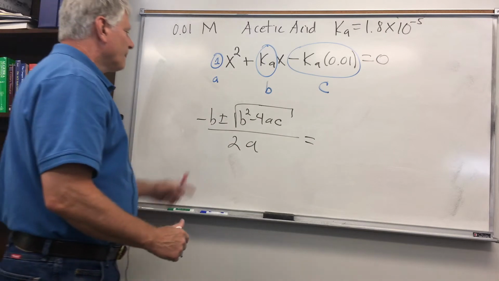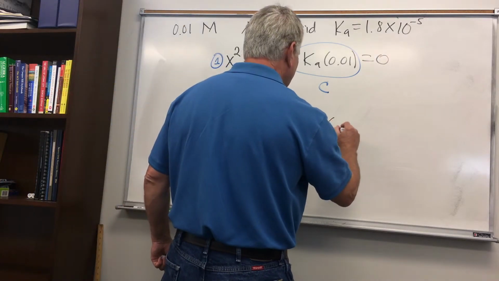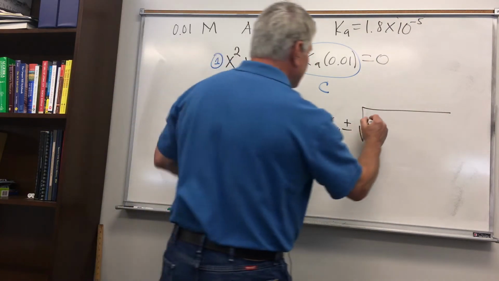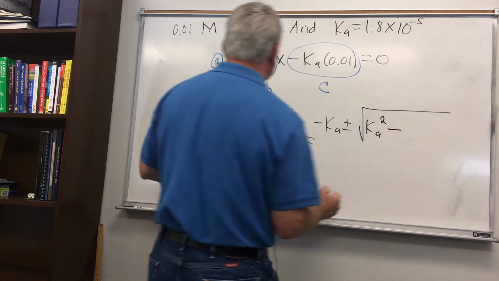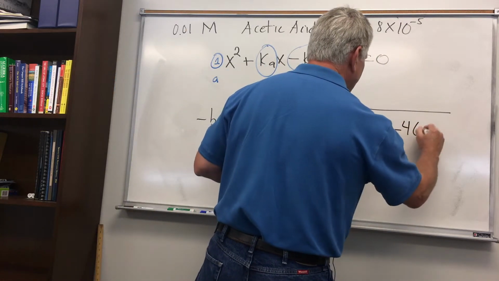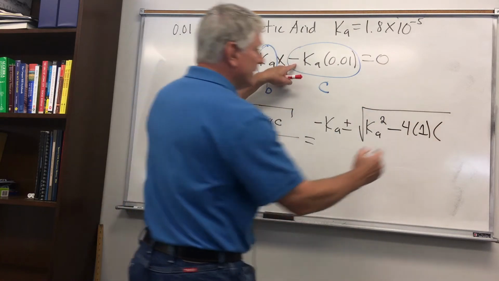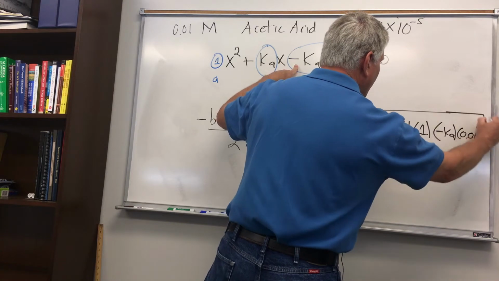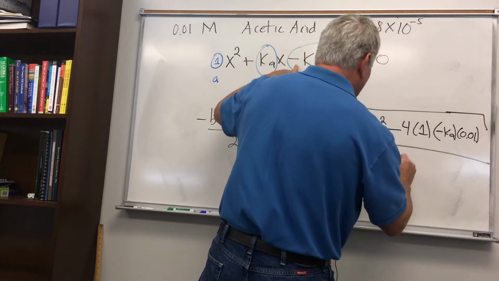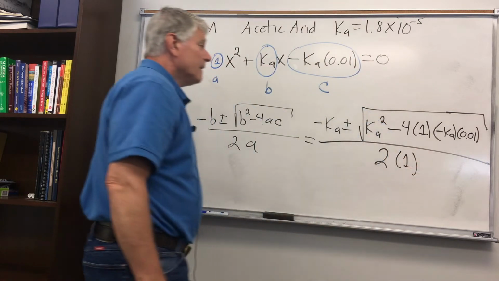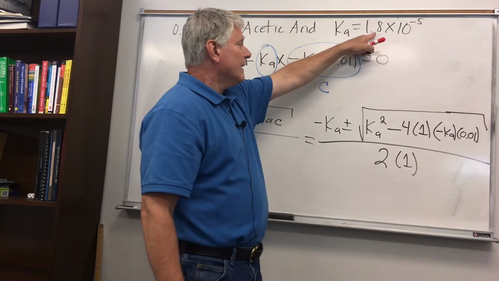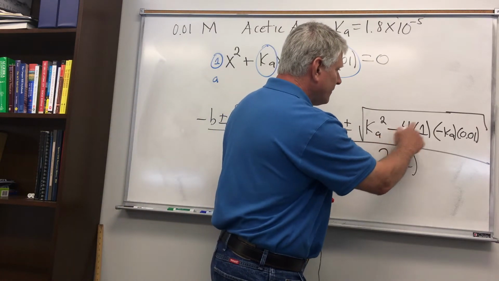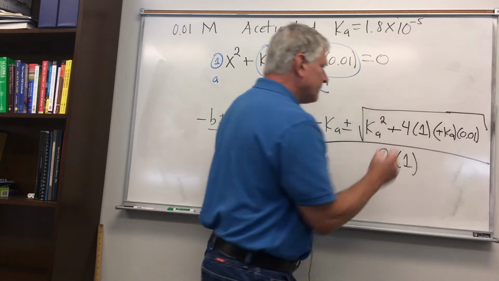Okay, so putting numbers in, I'll have negative Ka plus or minus the square root of Ka squared minus 4 times A, which is 1, times C, which is negative Ka times 0.01, all over 2 times A. A is 1. So I can put my value for Ka in here, 1.8 times 10 to the minus 5th, and you'll notice I have a negative of a negative, so the negative signs will cancel.